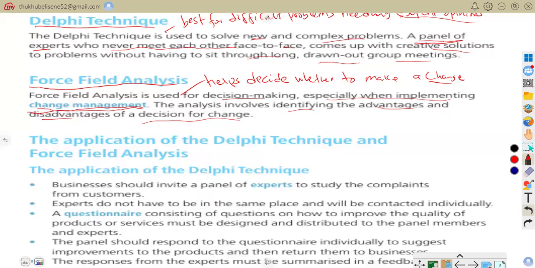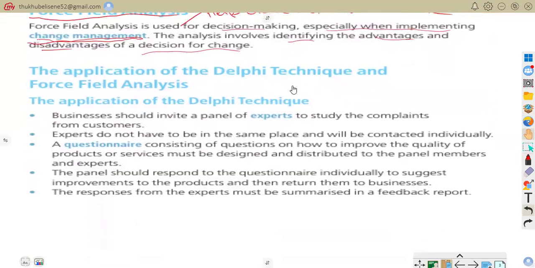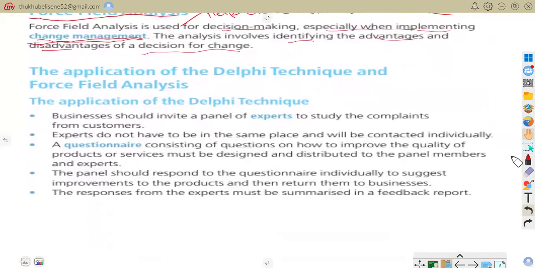So now let us move on and come to the application of the Delphi technique, and force field analysis. The application of the Delphi technique says a business should invite a panel of experts to study the complaints from customers.